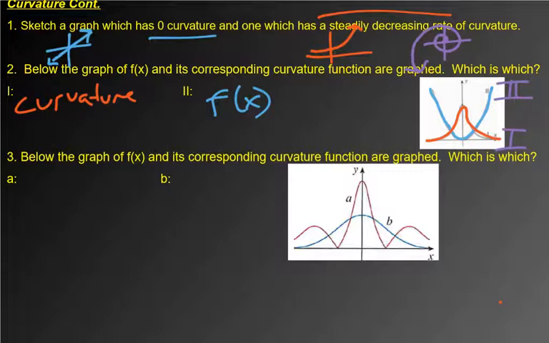What I would do is try and think about specific spots that match up together. One of them that's kind of unique is right here and here. On this blue graph, it's concave up, and then all of a sudden it's concave down, and then it becomes concave up again.